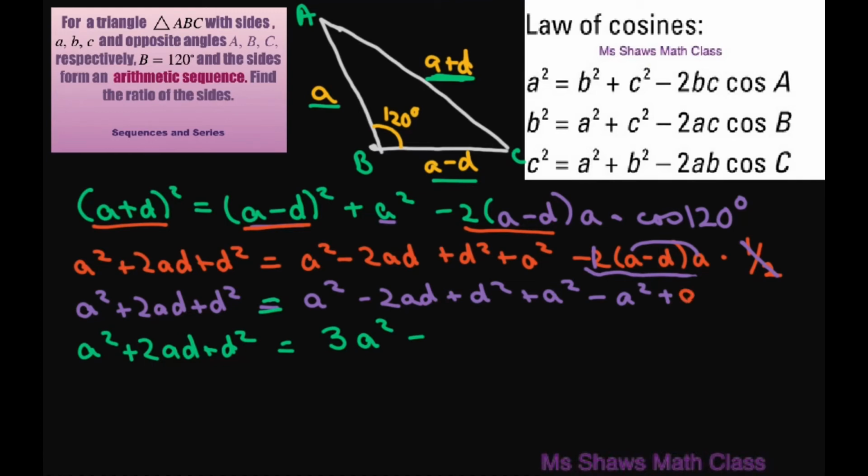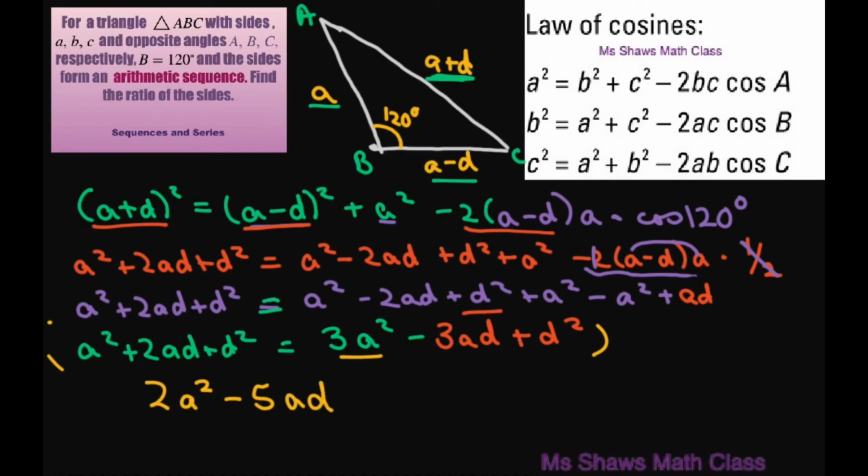So ad, and then we'd have minus 3ad, then plus d squared, this one right here. All right, now solving for this equation here, this is going to give me 2a squared minus 5ad equals 0, because these d's will cancel.